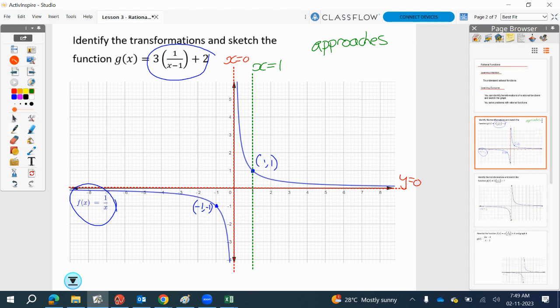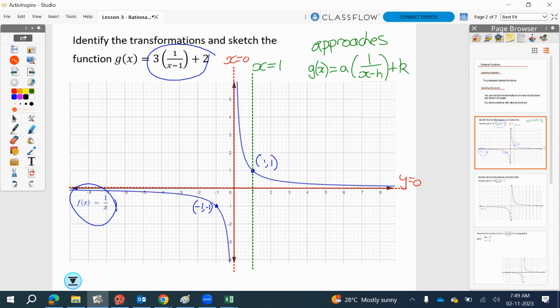So what we see here is, in general form, our function g of x is of the form a bracket 1 over x minus h close bracket plus k. The h is how much it translates to the right.